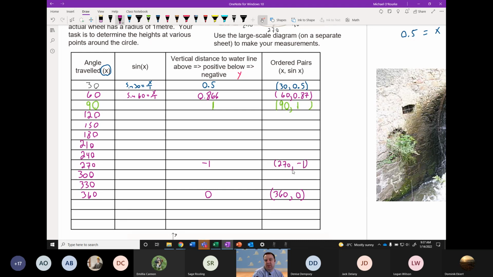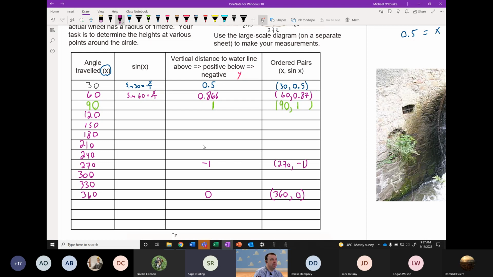Sage, I need to know what your number was. Oh, 210. 210 was, double check your calculation, Sage. It shouldn't be that. I think you're missing something out of it. No, not degrees. It should be a negative number.